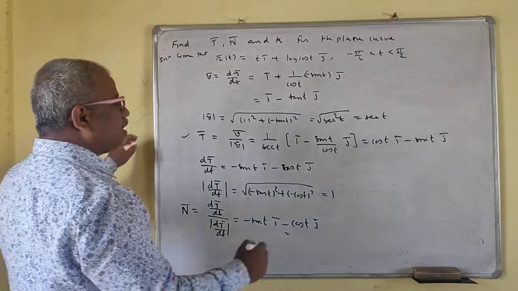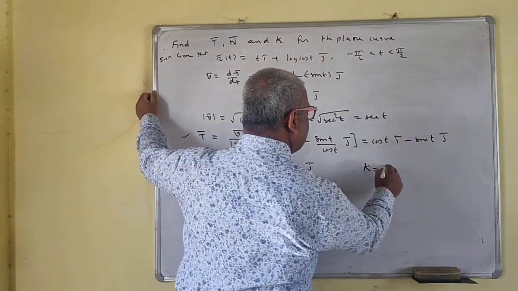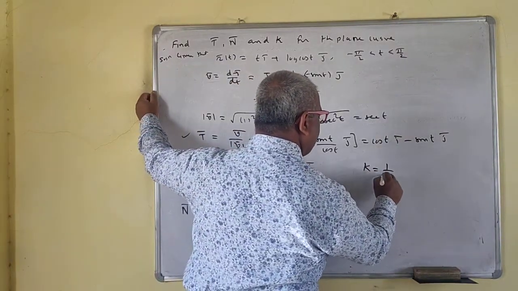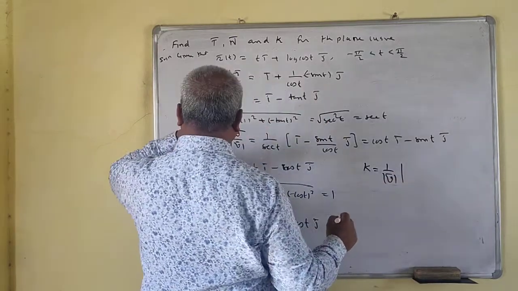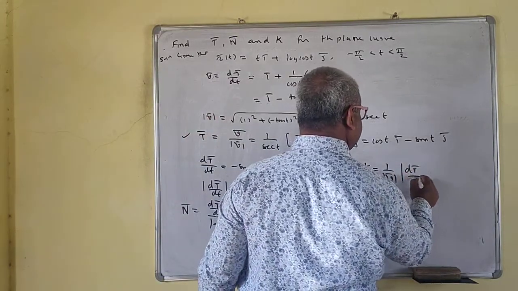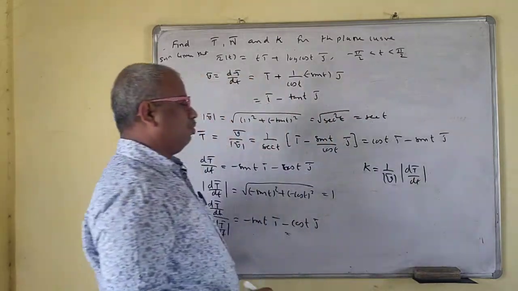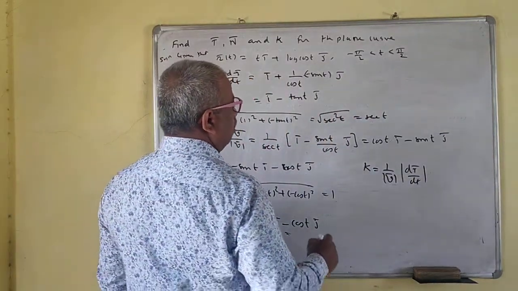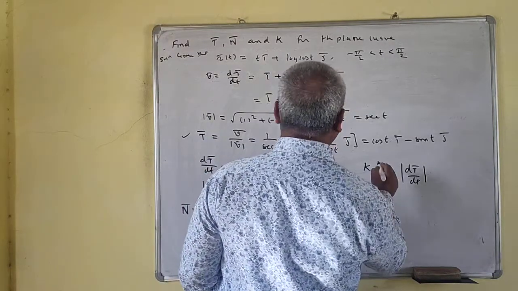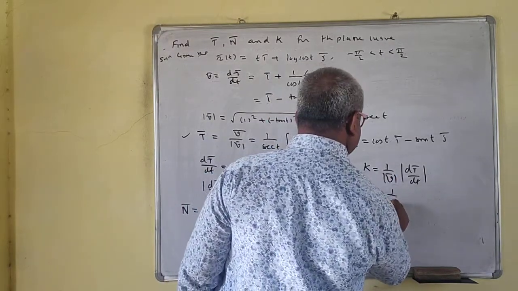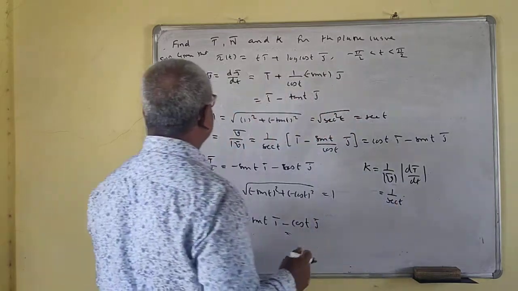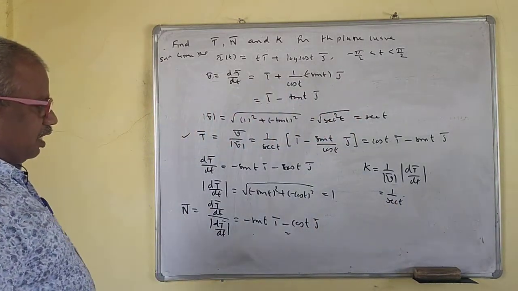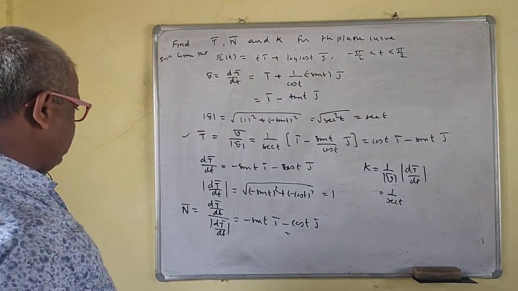So what is your curvature then? K is equal to 1 upon mod of V bar into mod of dT bar by dt. Mod of V is sec t, and mod of dT bar by dt is 1.